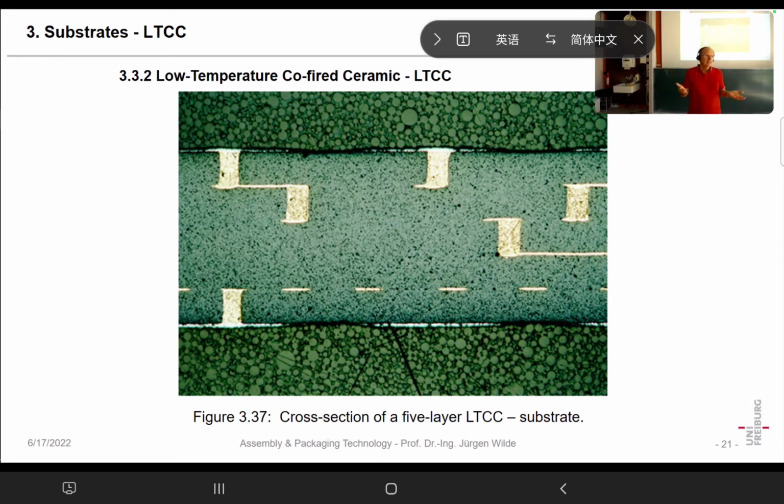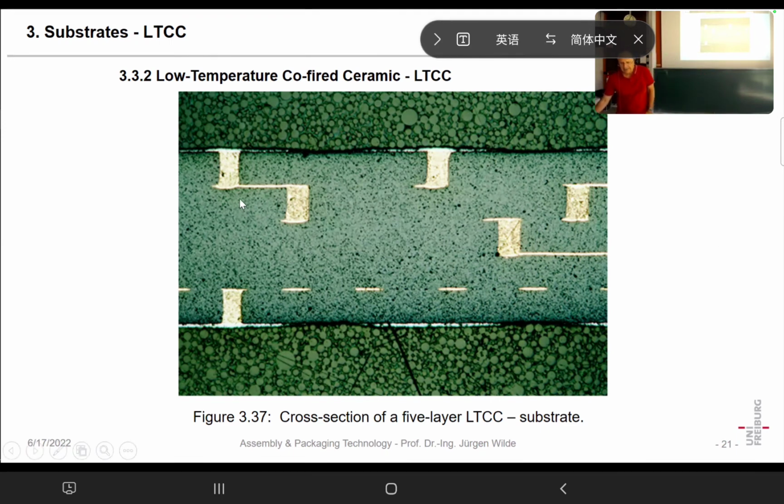On the other hand, the metal systems are already there because it's thick film technology. So the idea was to develop a ceramic material that can be sintered, not at 1600, but at 850, together with the firing of the paste. And so that technology was developed.